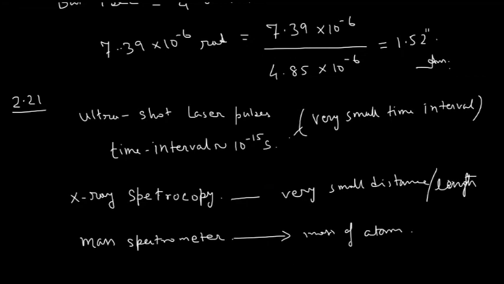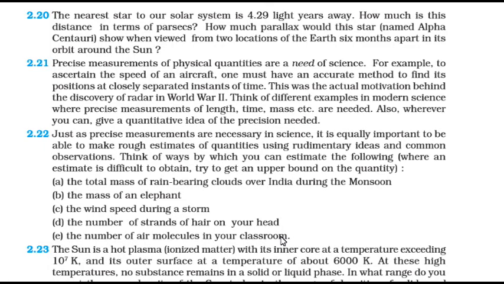Now let us see question number 2.22. Just as precise measurements are necessary in science, it is equally important to be able to make rough estimates of quantities using rudimentary ideas and common observation. Think of ways by which you can estimate the following.